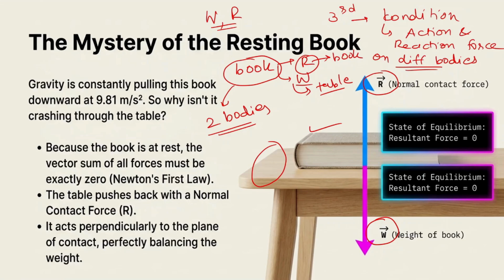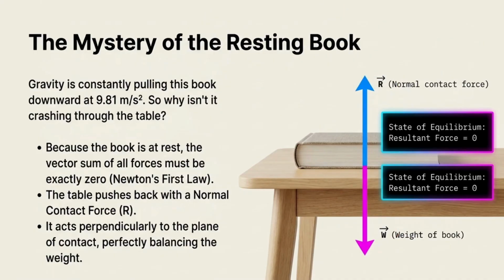So I hope you get my point. Why we cannot say W and R, the weight and the normal force, are a pair of Newton's third law. Again, you have a question because you are a curious student.